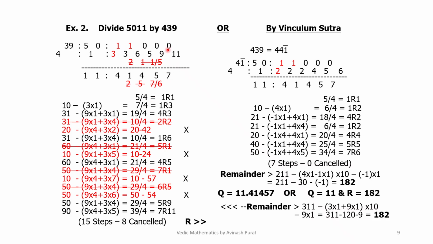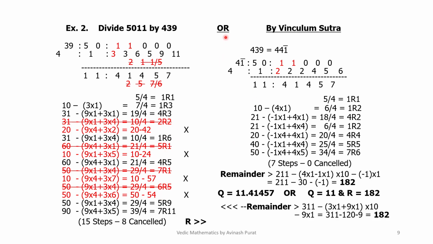So 90 minus 9 into 4 plus 3 into 5, that is 15 plus 36, 51. 90 minus 51 is 39 divided by 4 equal to 7 and remainder 11. So in this case we have seen that there are 15 steps, out of which 8 are cancelled.